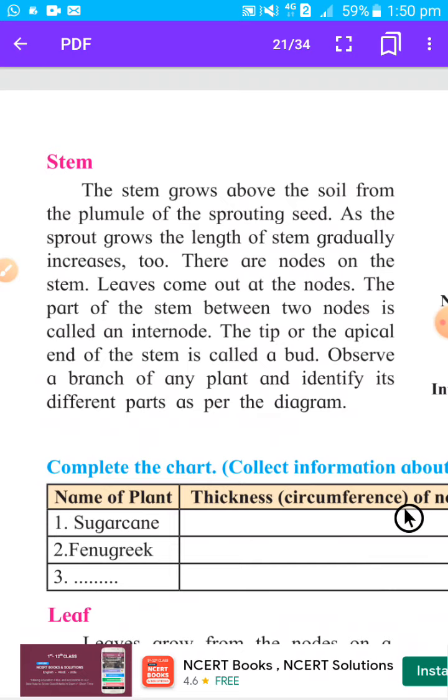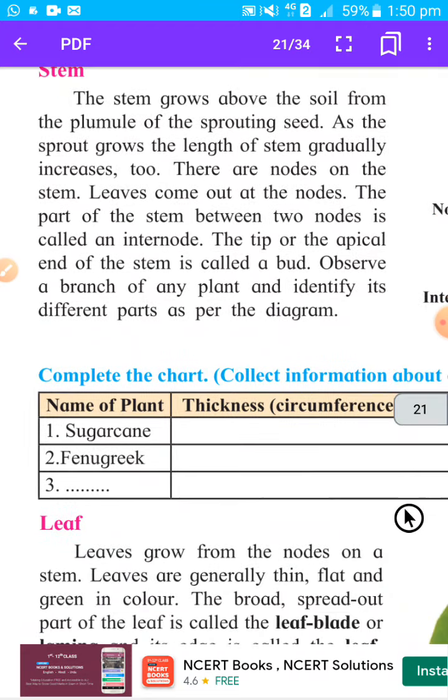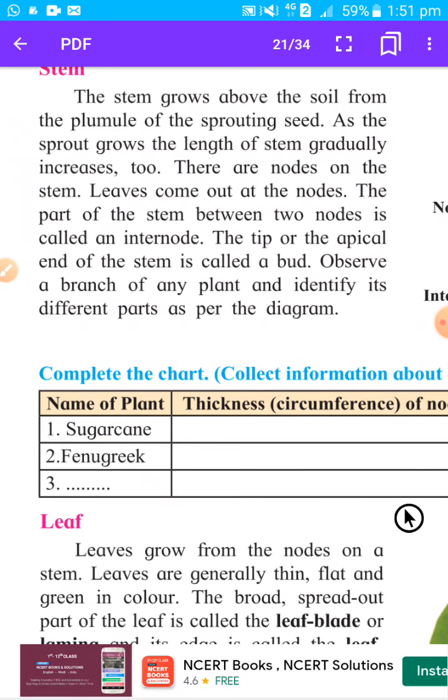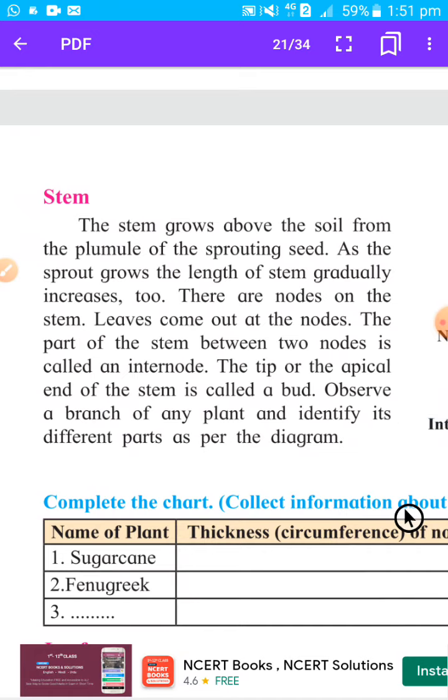This will be the first point. Then the second point: the part of the stem between two nodes is called internode. And third point, the tip or the apical end of the stem is called bud. And the first point is that the stem is the part of the plant which grows above the soil from the plumule. So these are the points you are supposed to write for this answer.